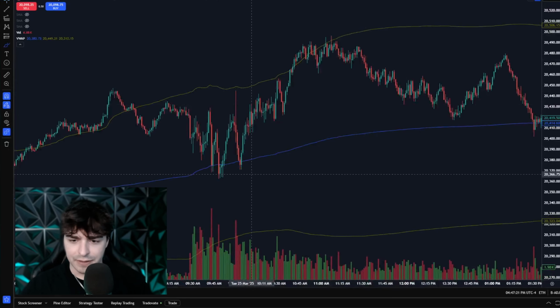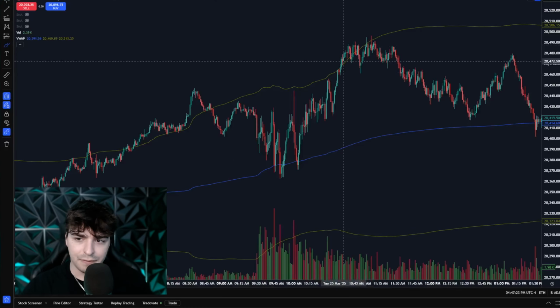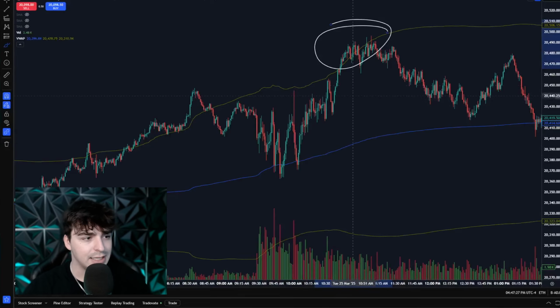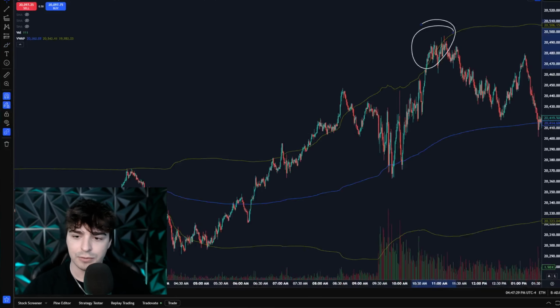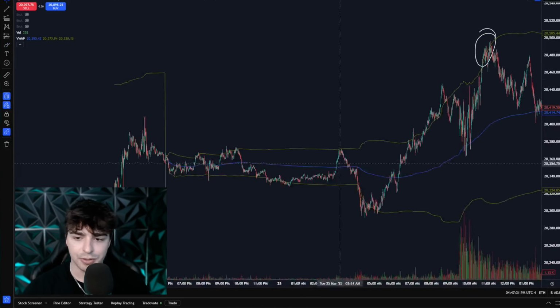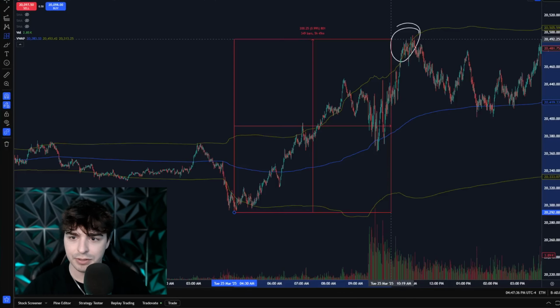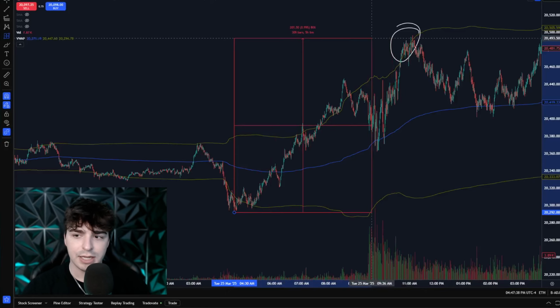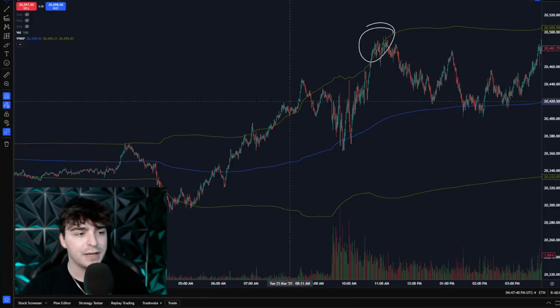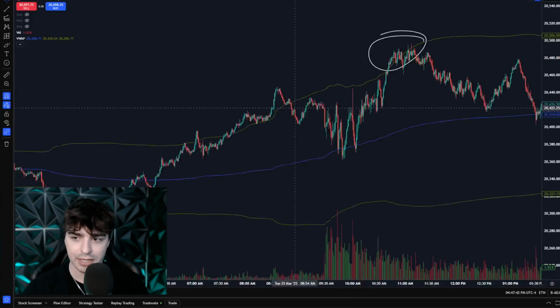Let's take a look at VWAP. We see that we stay above VWAP, but what happens once we get towards the second standard deviation? First of all, we have a very overextended uptrend. Okay, this is, let's see here, probably about 200 points. So that's about half an ATR, but it's half an ATR in one direction, okay? So is this the most overextended market ever?